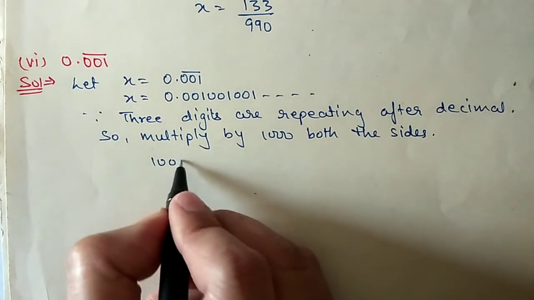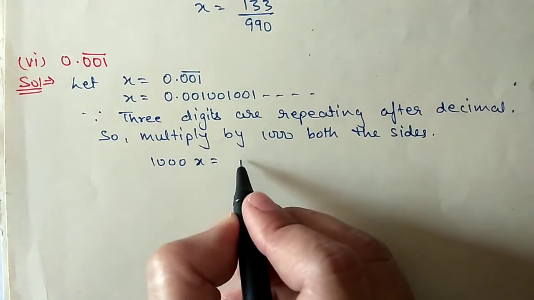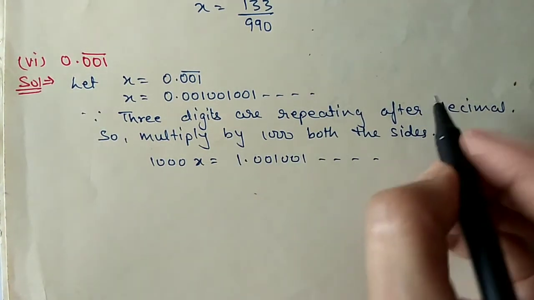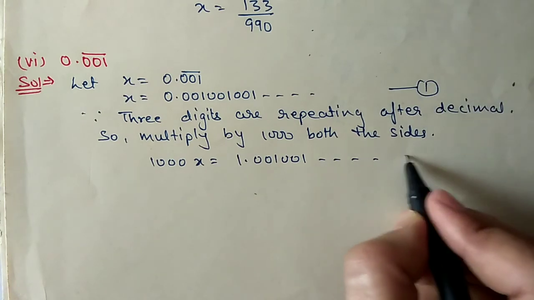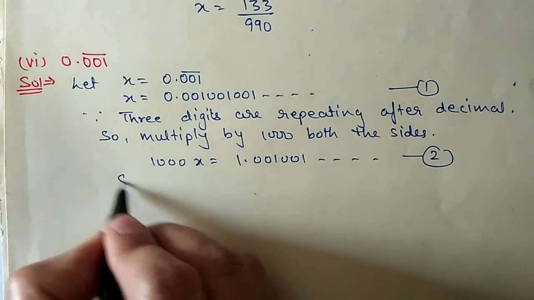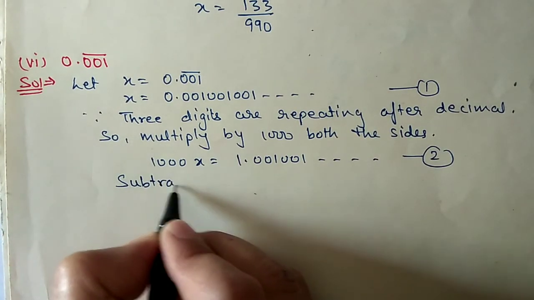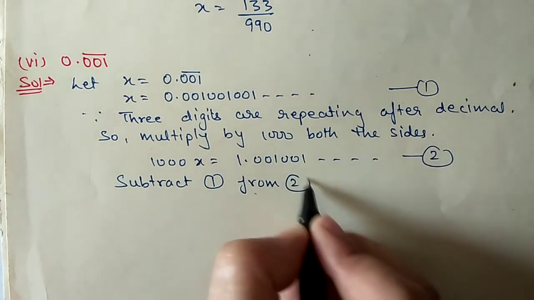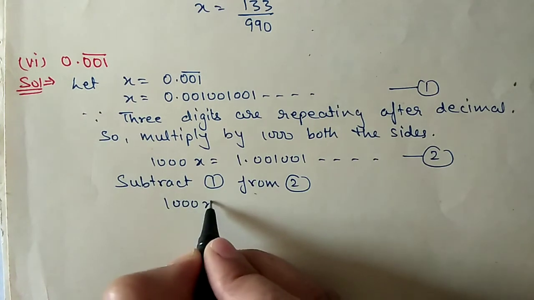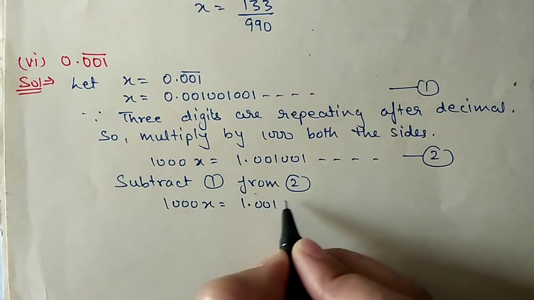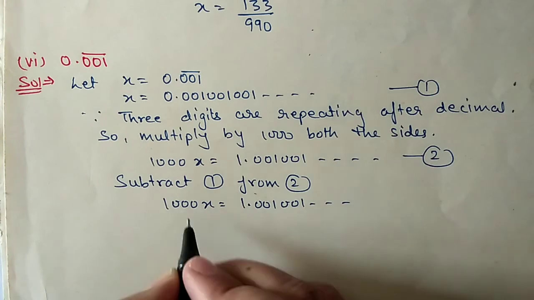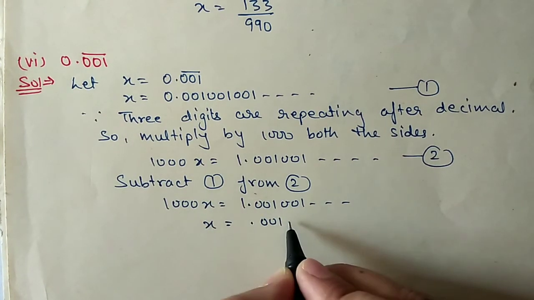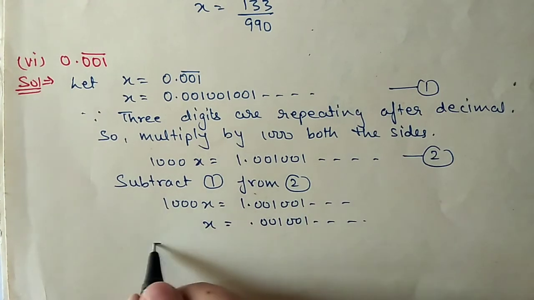We will get here 1000x is equal to 1.001001 up to infinity. This is the first value and this is the second value. Subtract the first value from the second one. 1000x is equal to 1.001001 and x is equal to 0.001001 up to infinity.